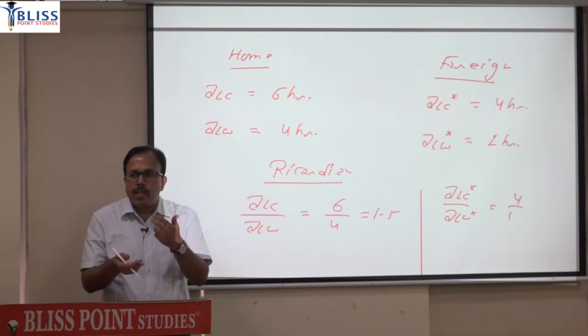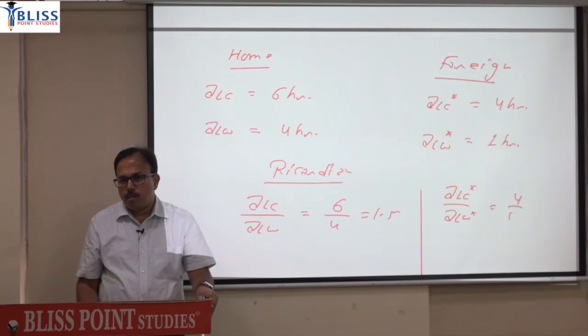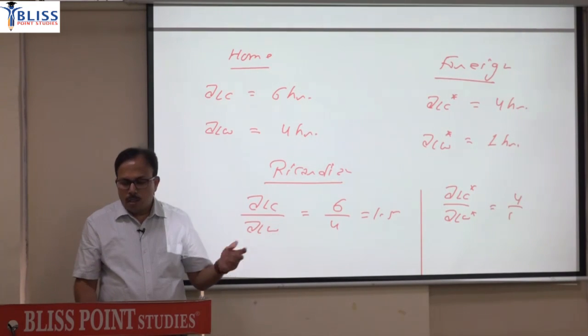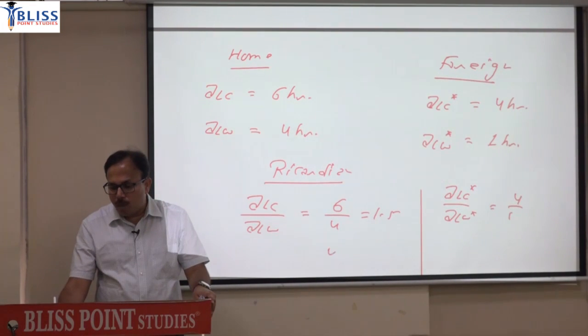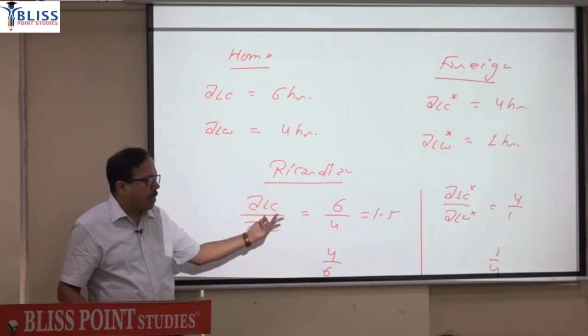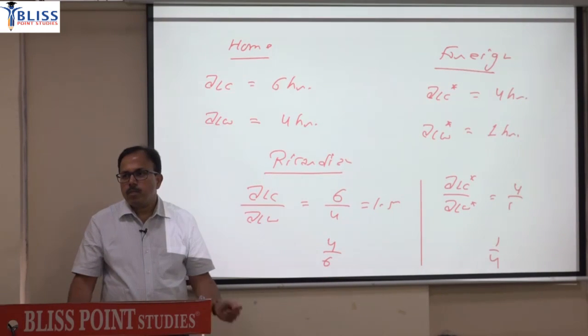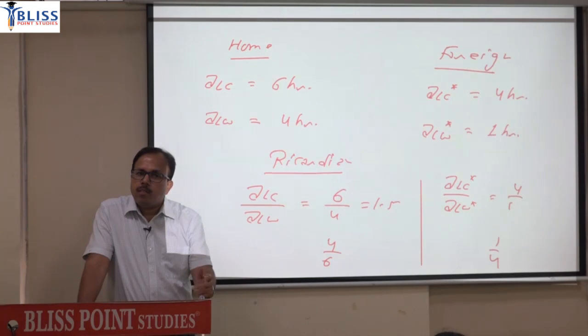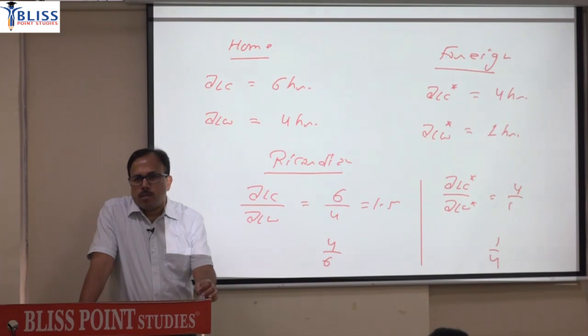But the moment you take inverse of it, then it will measure the opportunity cost for wine. तो जब आप इन्वर्स कर लेंगे तो यहाँ नंबर क्या हो जाएगा 4/6 और यहाँ वैल्यू क्या हो जाएगी 1/4 हो जाएगा, फिर इनइक्वालिटी बदल जाएगी. तो अगर चीज़ के लिए होम कंट्री में एडवांटेज था तो वाइन के लिए फॉरेन कंट्री में एडवांटेज हो जाएगा.